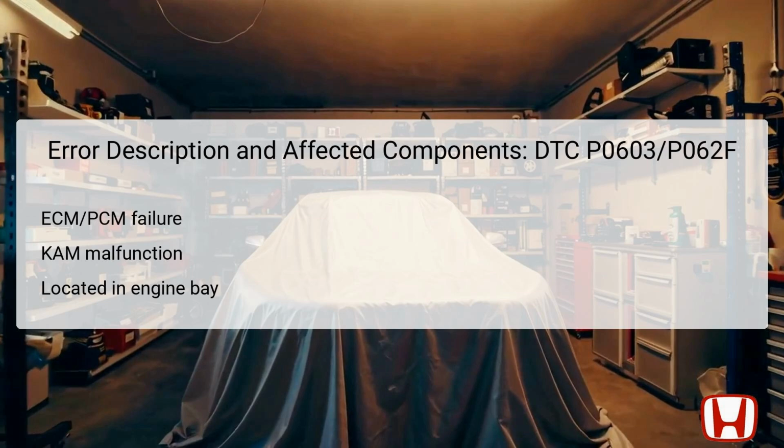The KAM stores vital information such as fuel trim data and engine operating parameters, even when the ignition is turned off. Both the ECM and PCM are typically located in the engine bay, often positioned near the battery for easy access. An issue with the KAM can lead to erratic engine behavior and reduced efficiency, hence why diagnosing this error correctly is important.